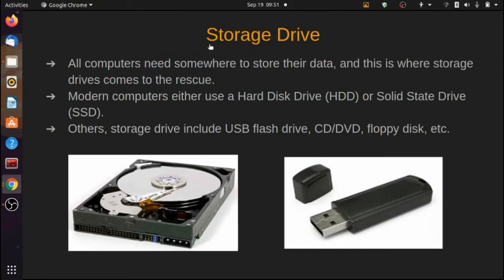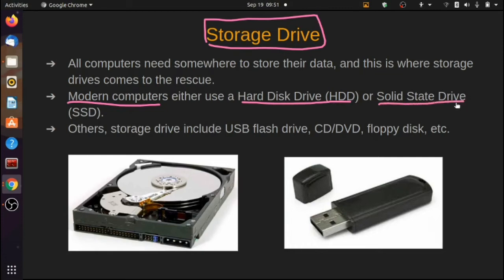Every computer needs a storage drive, and modern computers nowadays make use of hard disk drive and solid state drive. A hard disk drive looks similar to this, and a solid state drive looks something like a SIM card with no movable part. These have some movable parts in form of this magnetic disk, but the solid state drive, on the other hand, doesn't have any movable parts.